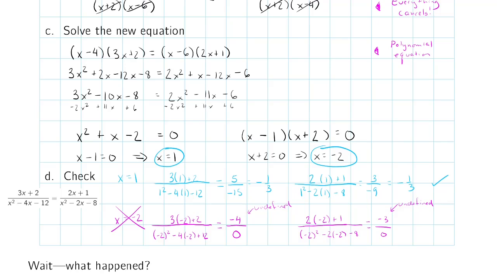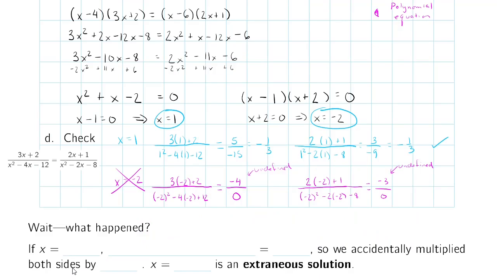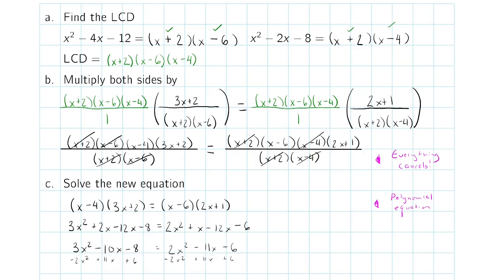What happened? Well, here's what happens. When x equals negative 2, remember my LCD? x plus 2, x minus 6, x minus 4.